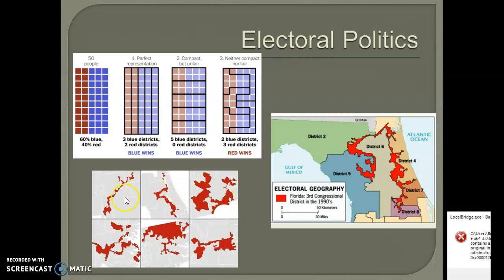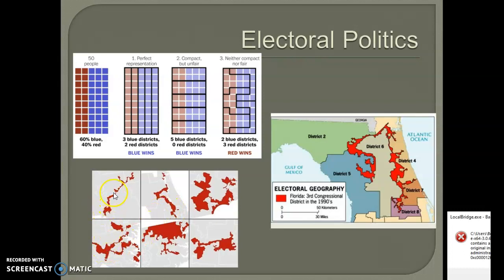You can see some of the pictures down here, what some real live districts look like. Here, this would be a lovely compact district, but you have all of this stuff that's sticking out. And you can see even people in the district aren't connected, right? They may be separated in some way from the rest of the people in their district.